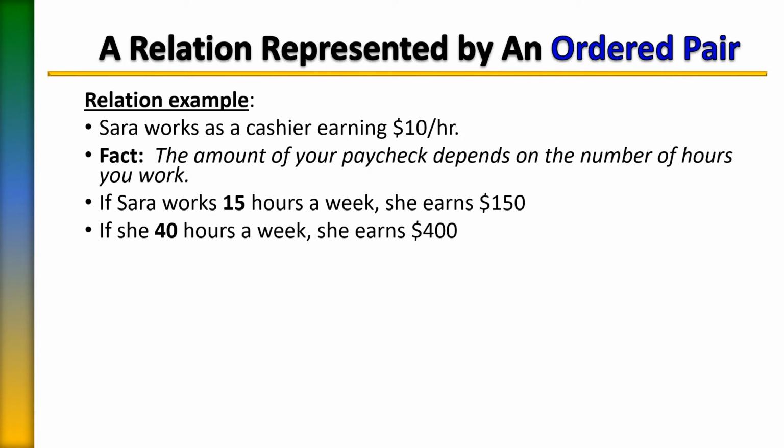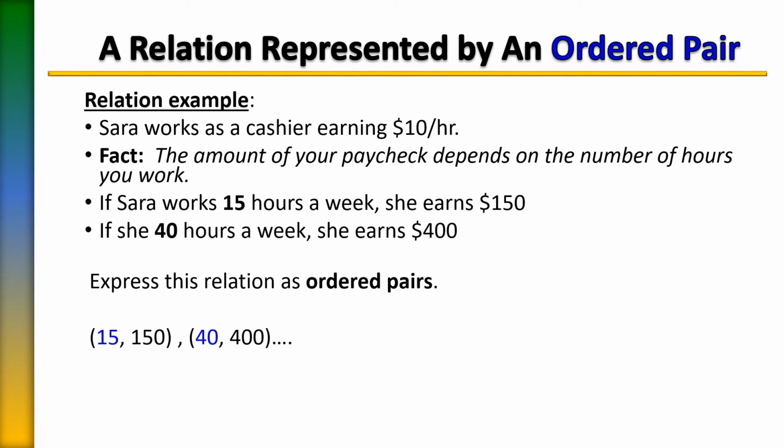So this relation between these sets of ordered pairs, input and output, we can express in ordered pairs, where the amount of hours she puts in would be your value for x, and the paycheck will be the output, the money that she earns.